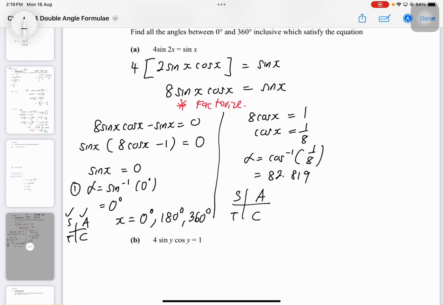Which quadrant? First and fourth. Who say third? First and fourth. A and C. Your x is 82.819, and 360 minus that. Okay, 1 dp: 82.8 and 277.2 degrees, 1 dp.